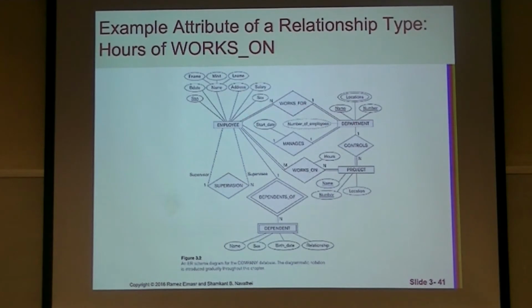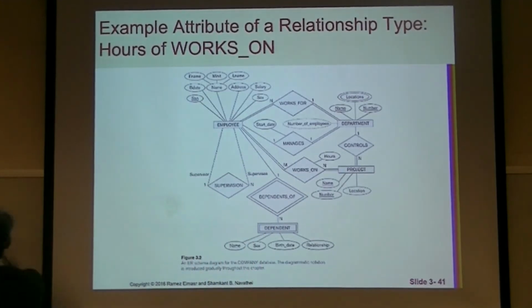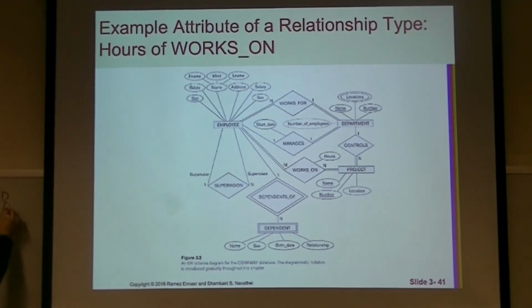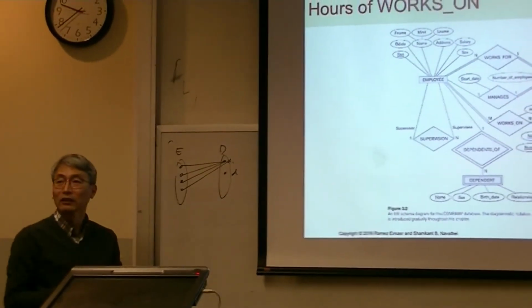Don't be confused. A lot of students are confused the first time. If you draw the diagram, here is employee and this is department: employee 1, employee 2, employee 3, department 1, department 2. It's like this.